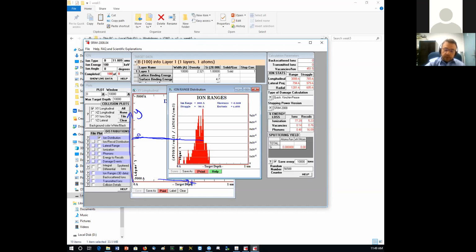I hope this is kind of reminding you of something. With only 100 ions, we were able to observe some sort of a Gaussian distribution up to some extent. And they stopped like around here. And the location is already giving us the straggle too.